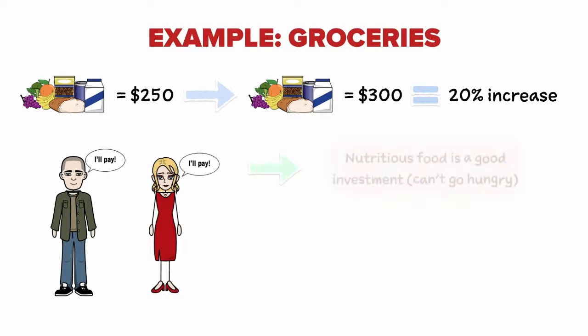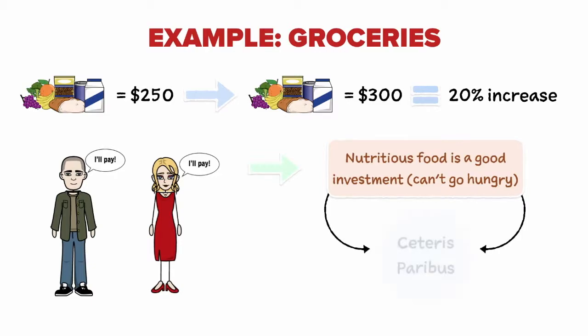This is because good, nutritious food is a pretty good investment, and you can't go on being hungry. So the extra initial expense isn't enough to deter many consumers from buying the products in the end. And remember, this is all ceteris paribus, or in other words, assuming other factors that could influence demand outside of price remain the same.